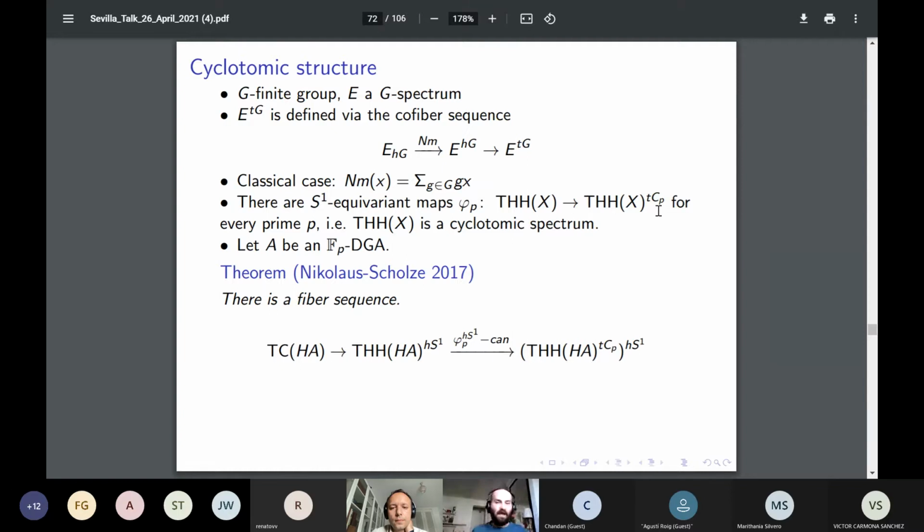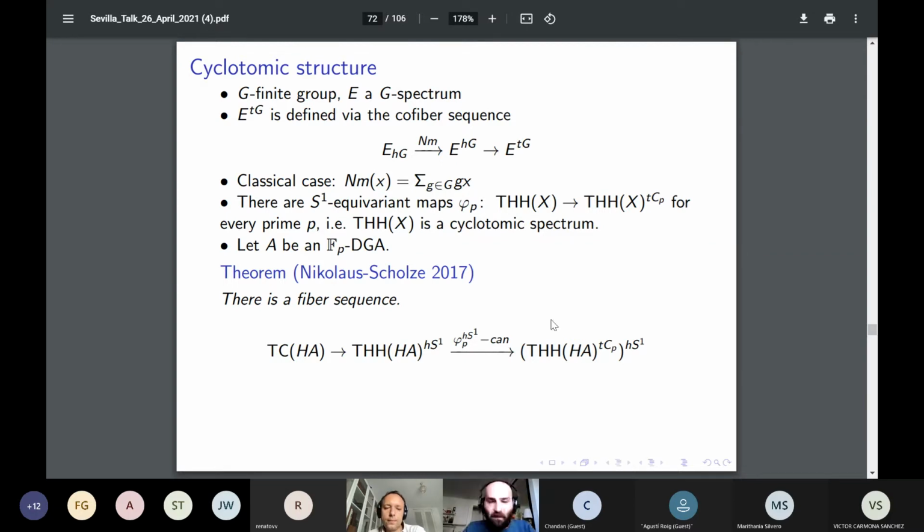With all this at hand, now I can give you the definition of topological cyclic homology of a ring spectrum, for the particular case when we're looking at the ring spectrum corresponding to an FP DGA. This is the case I'm going to give the definition for. In the general definition, you have to consider all primes, so it becomes a little more complicated. But often one reduces by localization techniques to this case where you only need to consider one prime p in this fiber sequence.